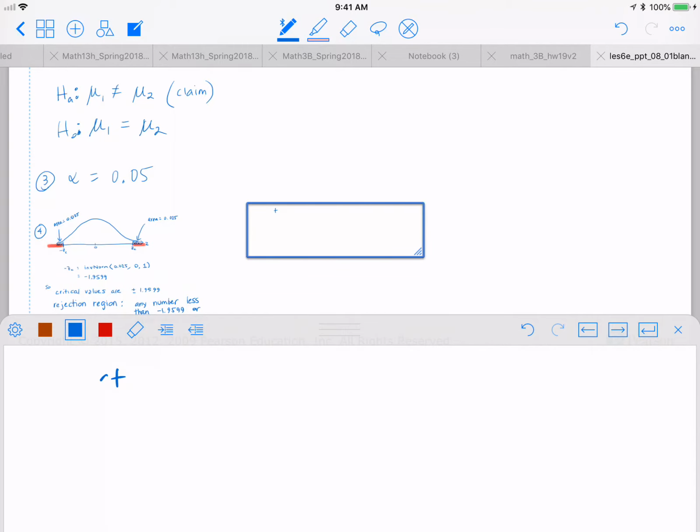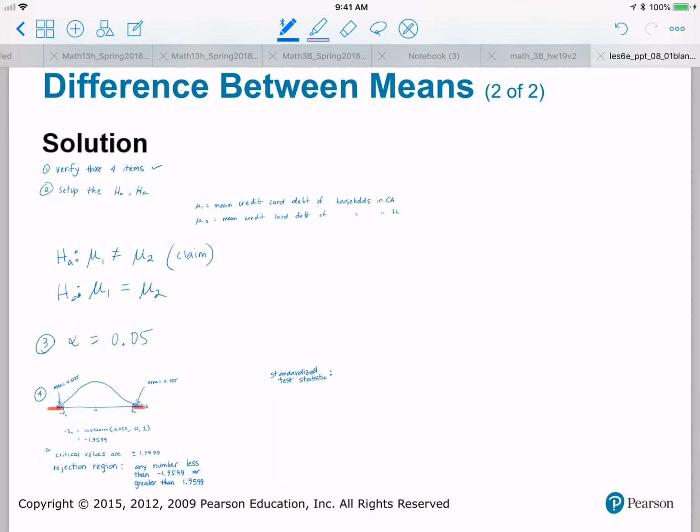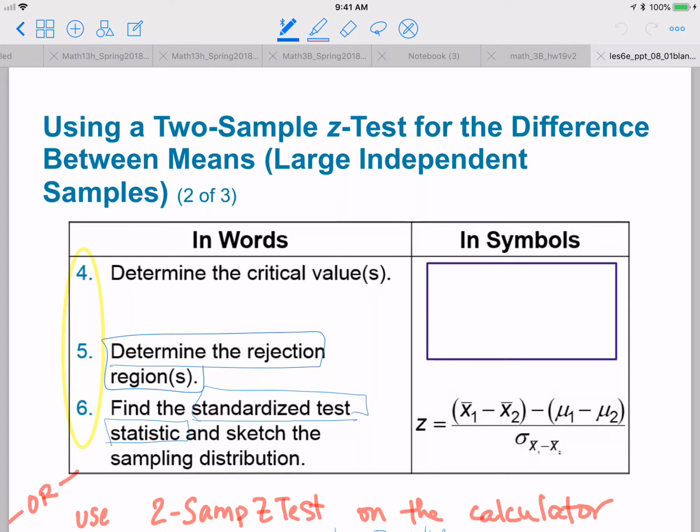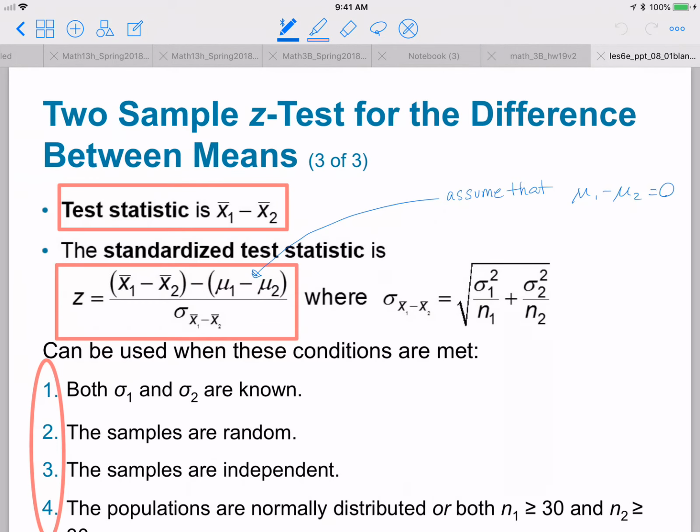I need my standardized test statistic. What was the formula for the standardized test statistic? Once I figure that out, I'll see if it falls in my rejection region. Here's my formula.